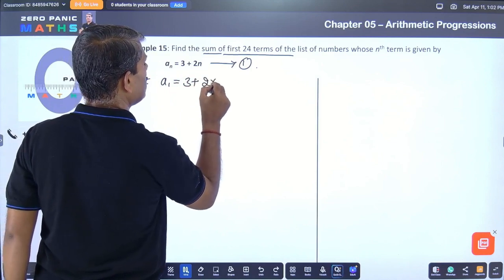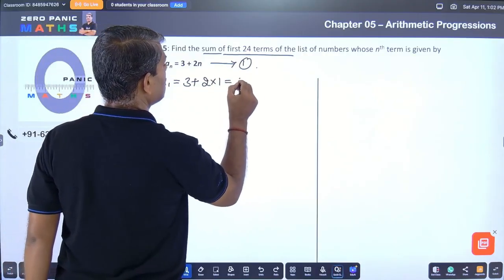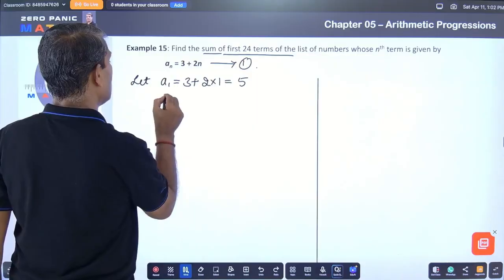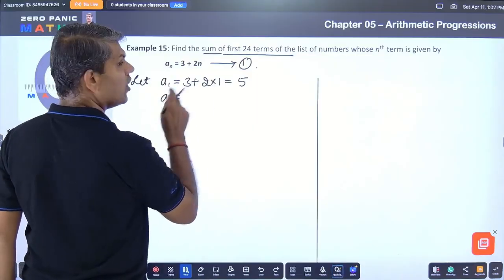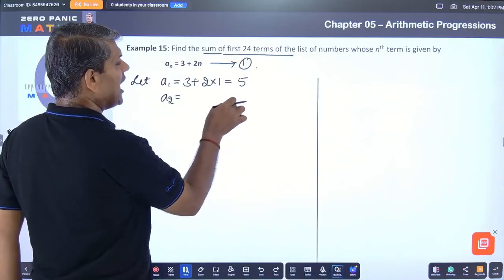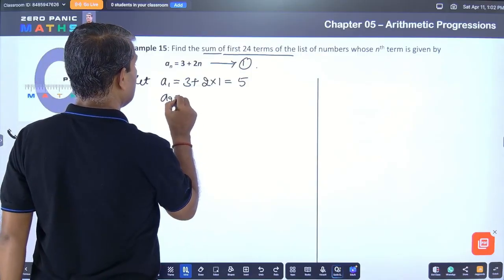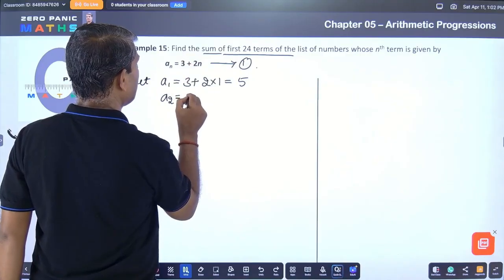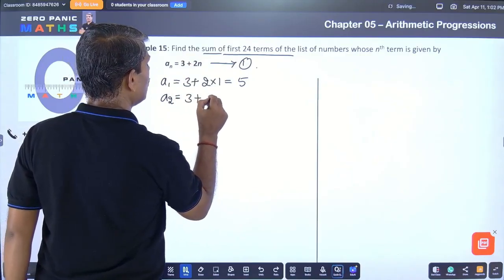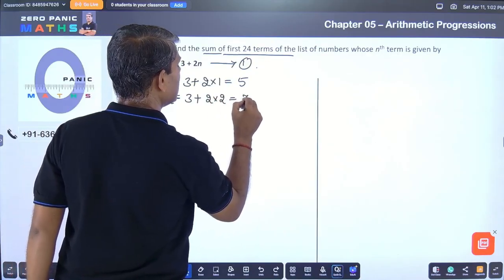3 plus 2 into 1, that is 3 plus 2, which is 5. What is a2, the second term of the arithmetic progression? Why am I doing this? Because I want a and d, the first term and the common difference. In place of n you just put 2: 2 into 2 is 4, plus 3 is 7.